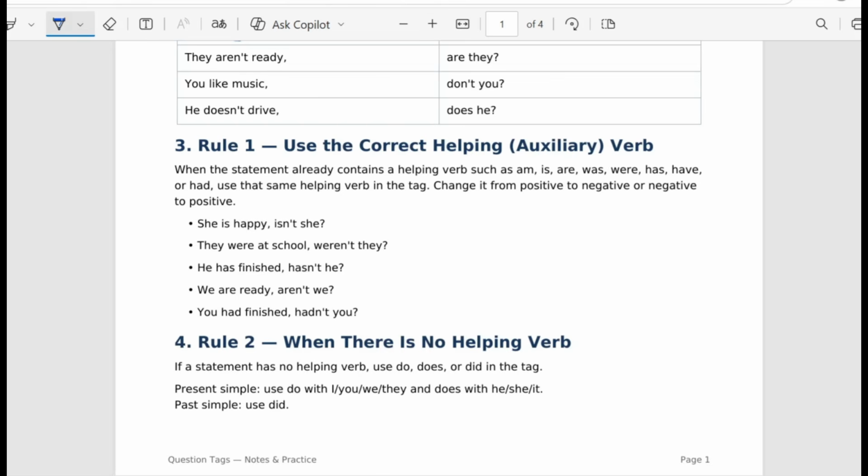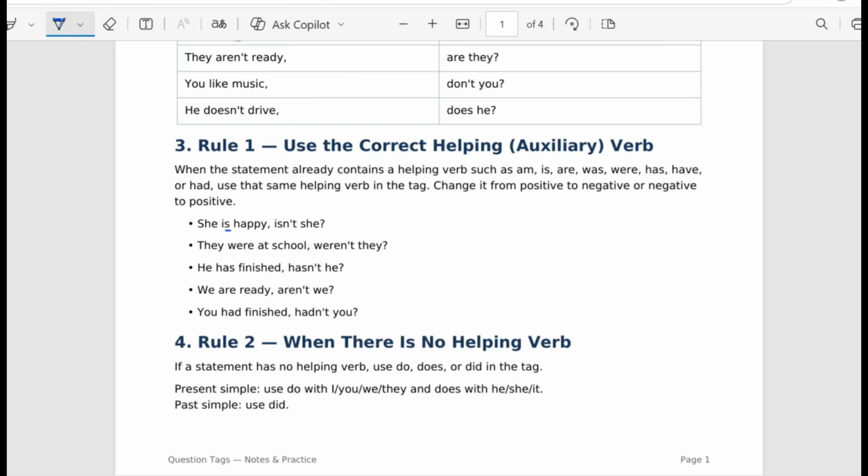Change it from positive to negative or negative to positive. For example, she is happy. Is is the helping verb. It is helping the main verb, which is happy. Happy is the main verb, but is is the helping verb. So you're supposed to use that helping verb to make a question tag.